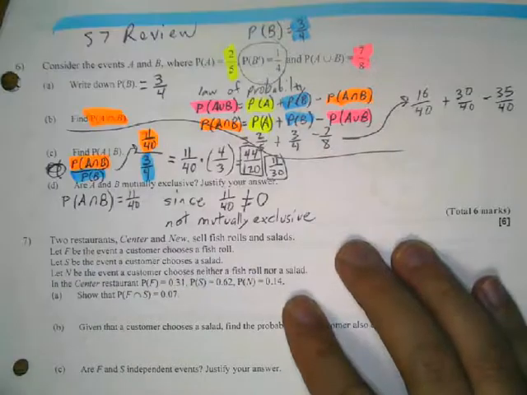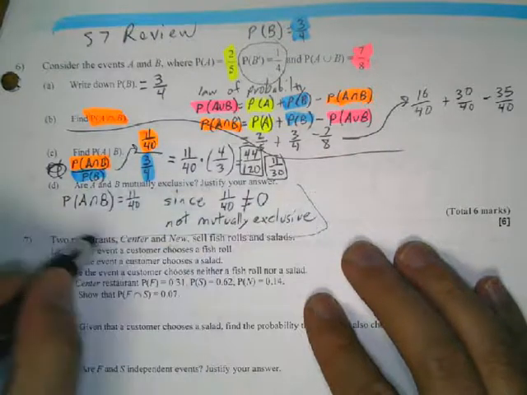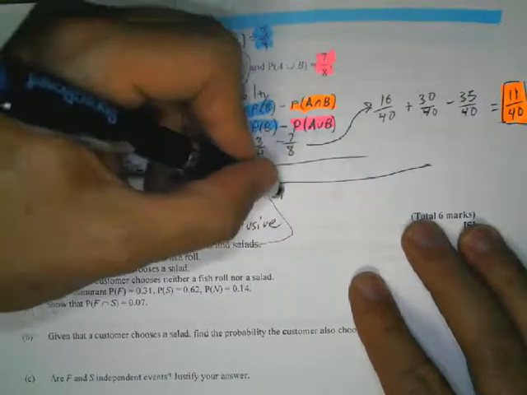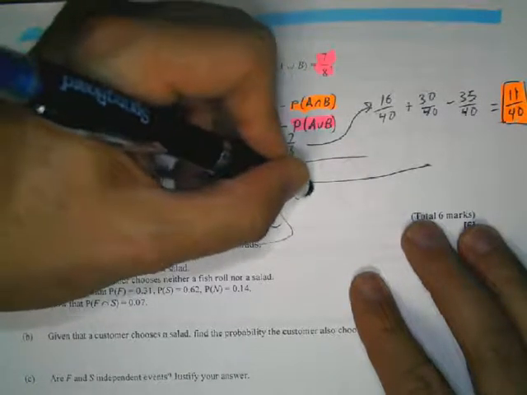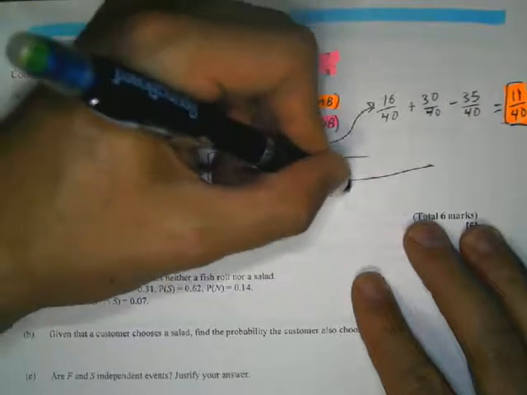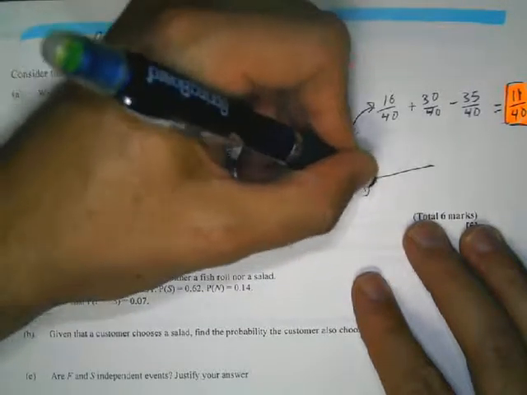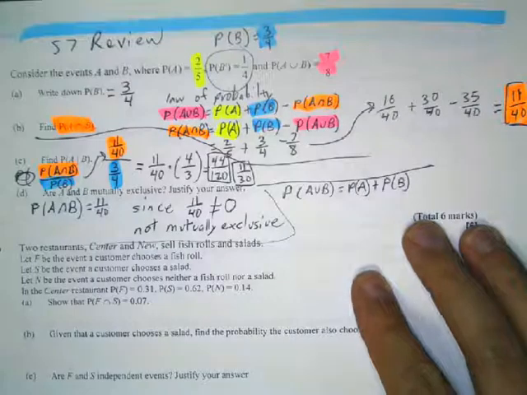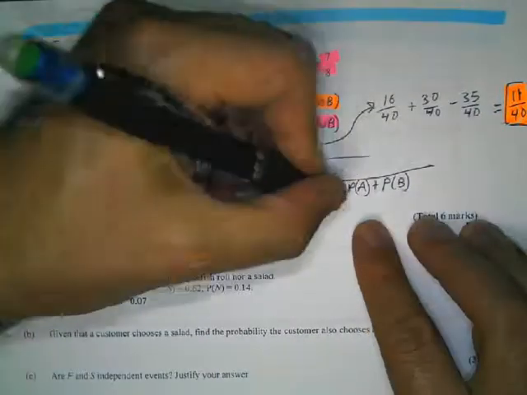Now, another way I could have done it, an alternate way, I could have said, look, the probability of A union B equals probability of A plus the probability of B when it's mutually exclusive. We know the probability of A is 2/5.